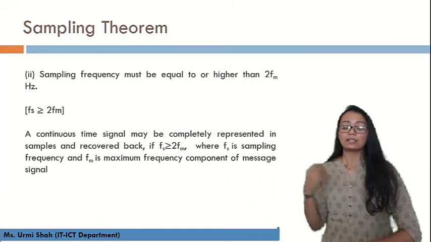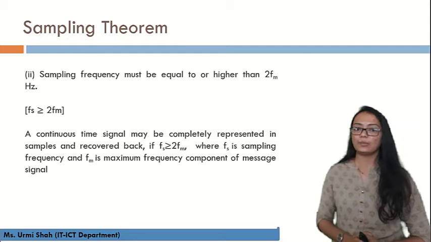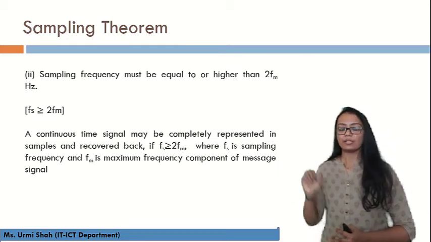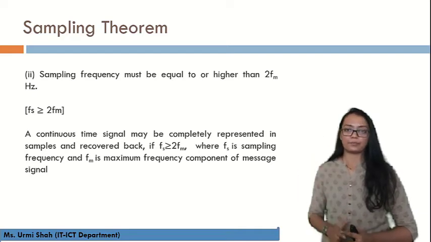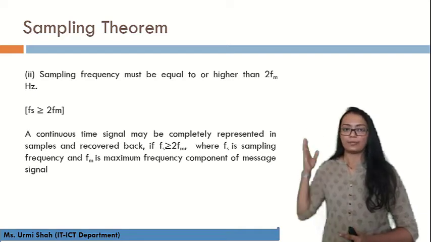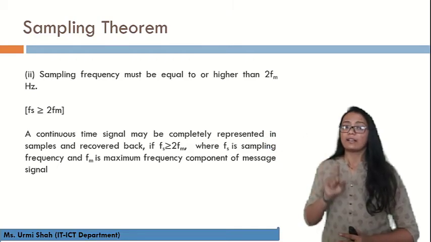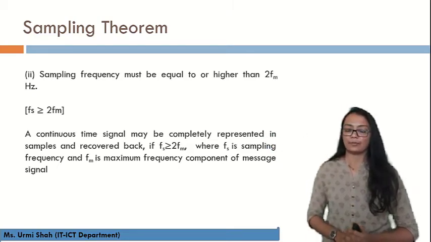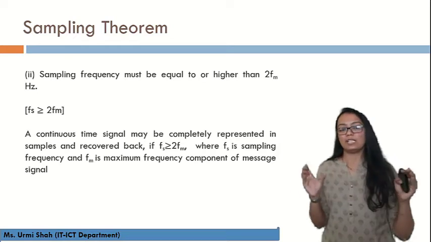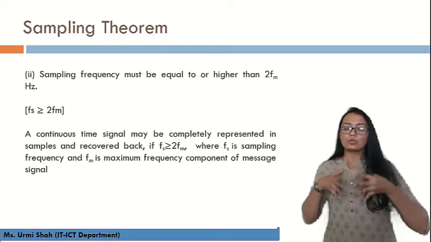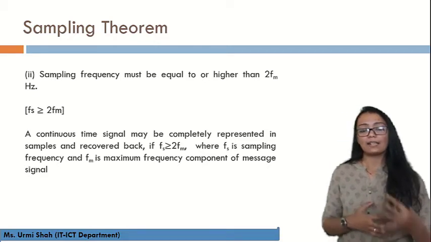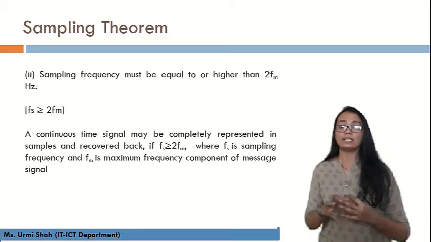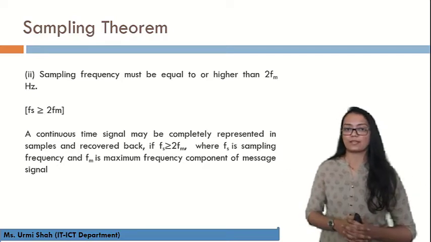This sampling theorem can be represented as: the sampling frequency must be equal to or higher than 2fm. That is, fs is our sampling frequency, and it should be greater than or equal to 2fm. 2fm is the minimum frequency range or minimum bandwidth required so that we can convert our signal from analog to digital, and such that it can be attained without any distortion or aliasing.